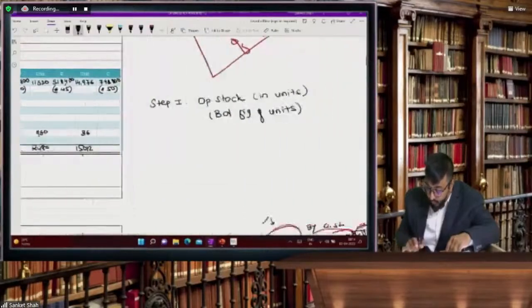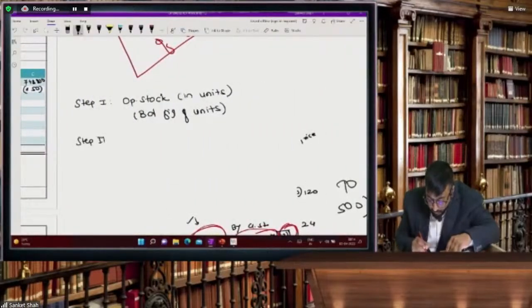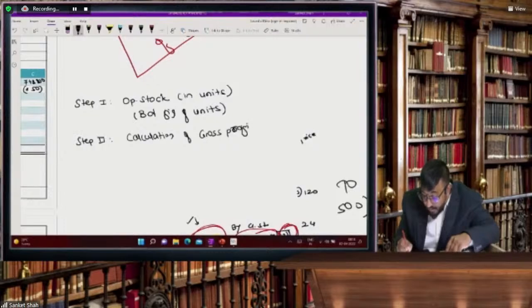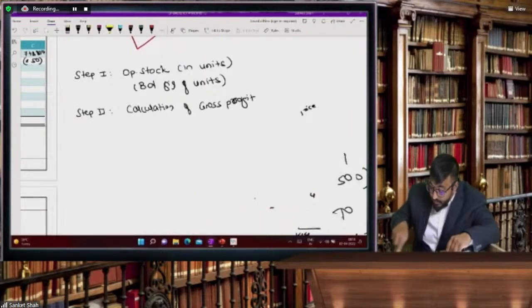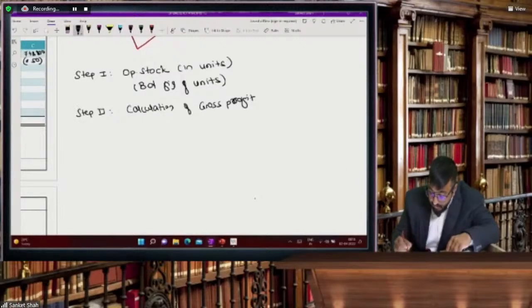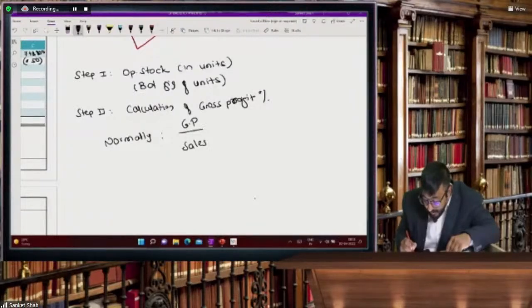Step 2, calculation of gross profit percentage. Normally what is the formula? GP upon sales, and which sales? Units sold, and GP on units sold.